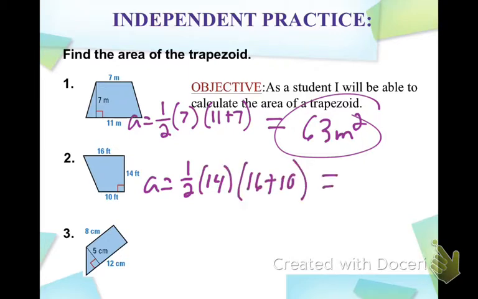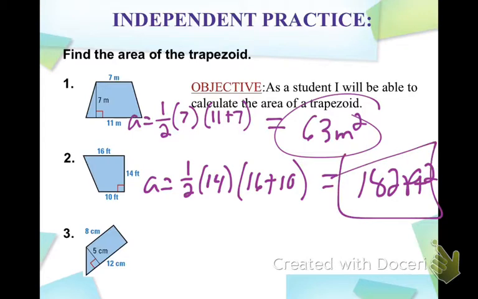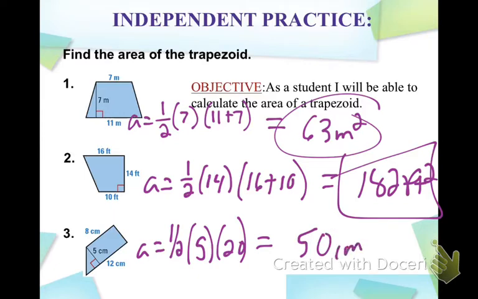And that would have given you 182 feet squared. That is a giant trapezoid. Alright, last one. Here we go. You should have had area equals 1/2 times 5 times 20, and that would have given you 50 centimeters squared.